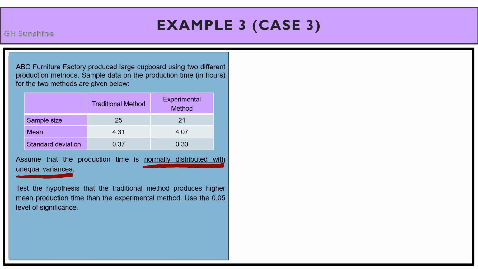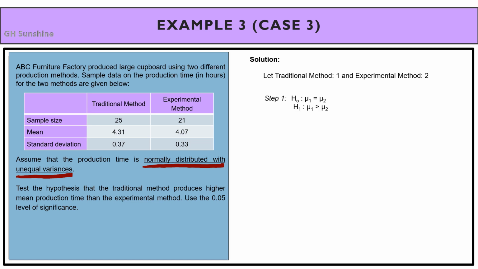So the question asks you to test the hypothesis that the traditional method produces higher mean production time than the experimental method. Use the 0.05 level of significance. So first step, let traditional method denoted by number 1. Meanwhile, experimental method number 2.